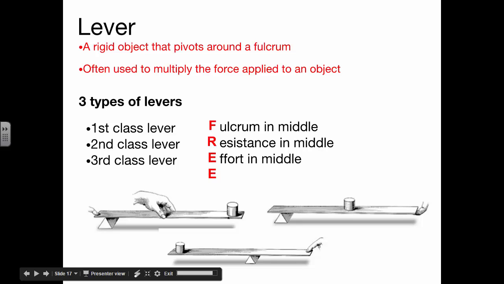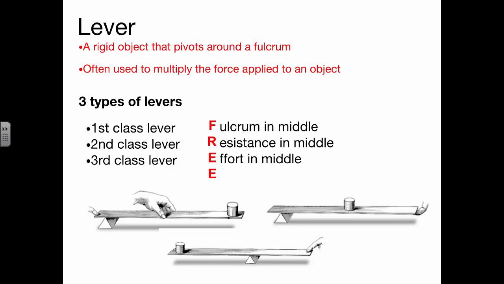Effort force. All right, so to help you to remember the different classes of levers, if you remember the word free, a first class lever has the fulcrum in the middle. So, for example, I have, what is this? Resistance. What's this? And this is going to be my effort.